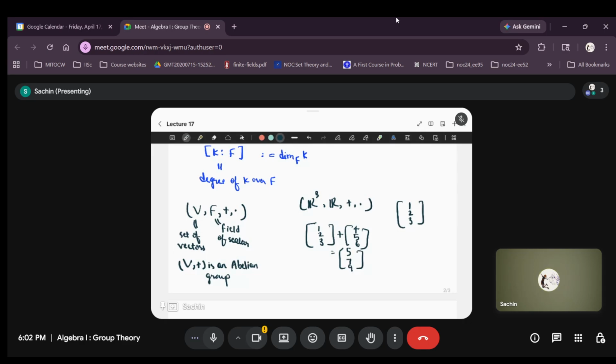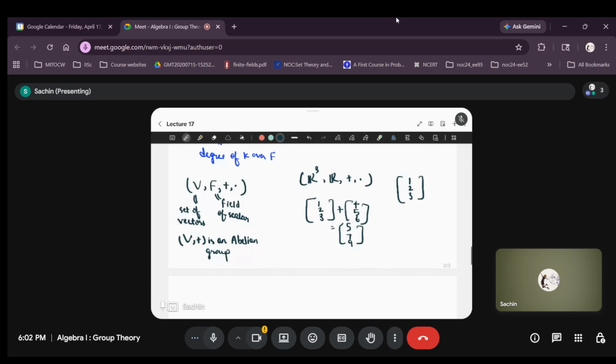Then dot is closed. I mean, the set V is closed under scalar multiplication.